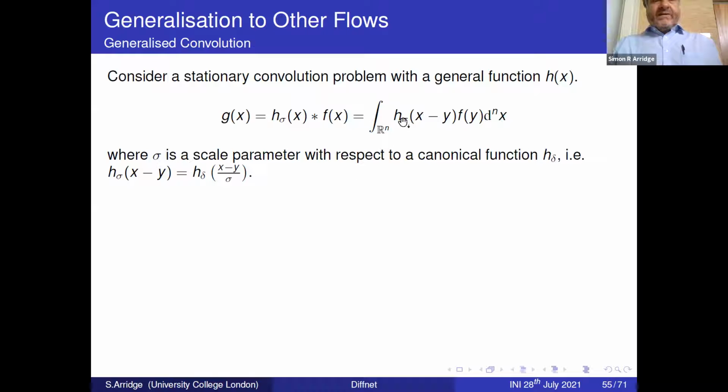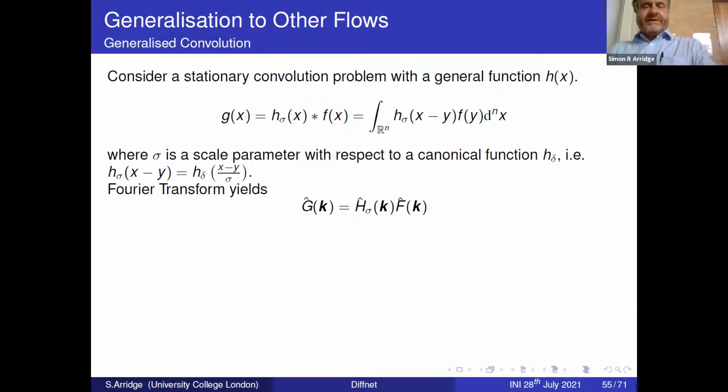Let's write the kernel of the convolution in terms of a canonical function and the scaling, representing the spatial width of the filter in a general way. So again, for the stationary convolution, we have the Fourier transform result: the product of the Fourier transform of the field and the kernel.